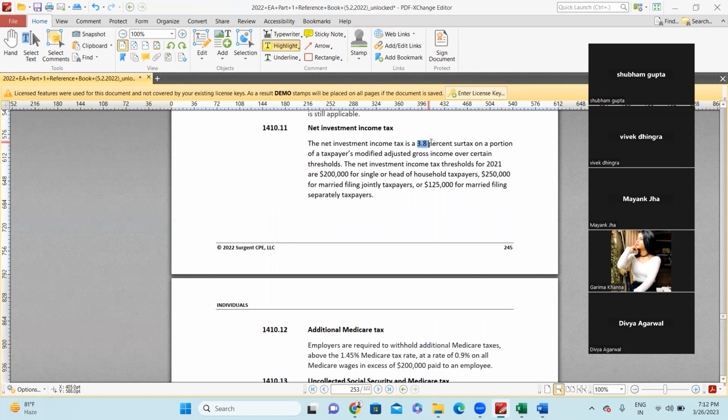So you need to pay an additional 3.8% surtax on the portion of taxpayer's modified adjusted gross income over a certain threshold. The threshold for 2021 is 200,000 for single or head of household, 250,000 for married filing jointly, and 125,000 for married filing separately.